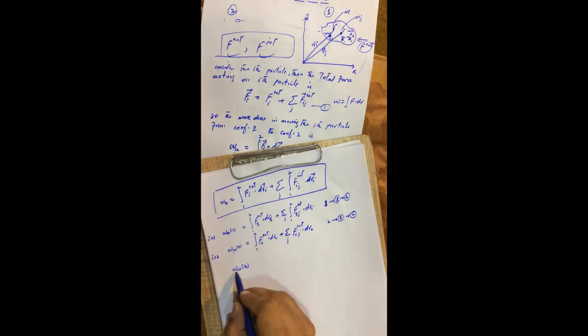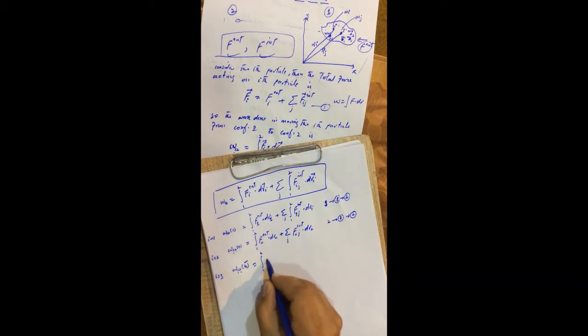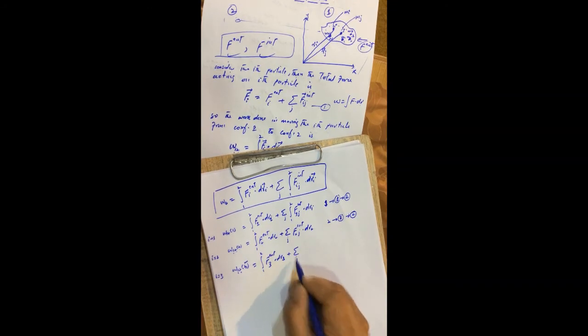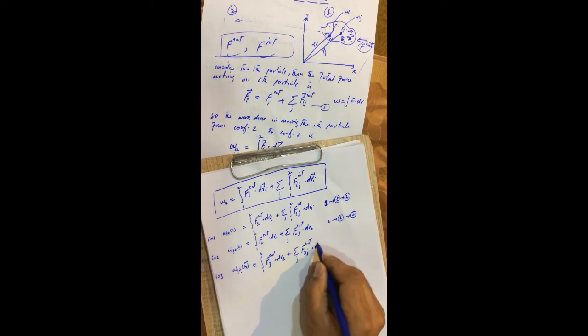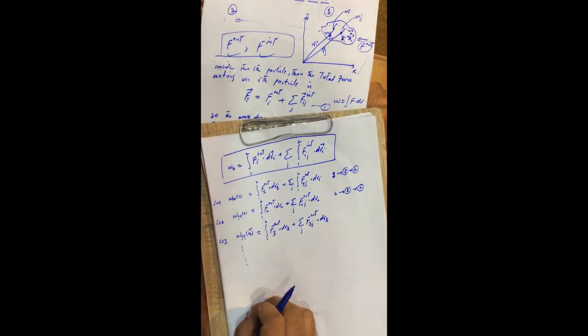I replace i by 3 in this equation, so we have the integral from 1 to 2 of F3 external dot dr3 plus the sum over j of F3j internal dot dr3, and so on. There are N number of particles, so this line will go on for N terms.